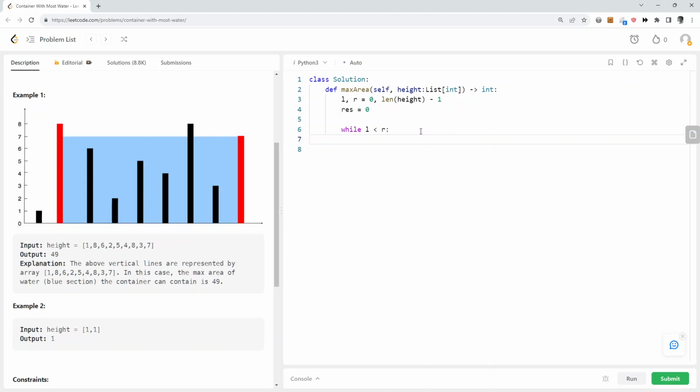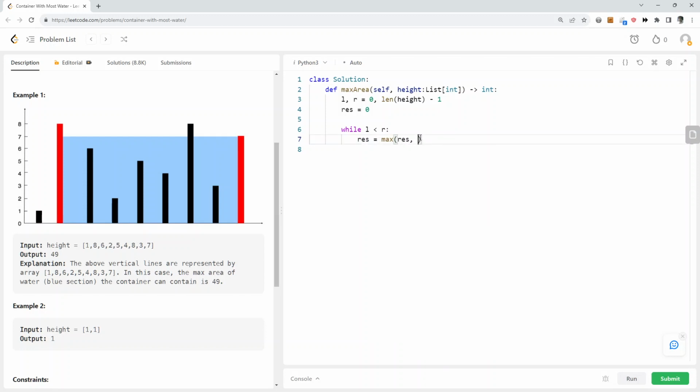And what is the rest? Result should be the maximum of what it already is. This is a very common design practice whenever we have a global variable and a local variable. The local variable we can either calculate as a separate variable or just put the formula here, but we have to be sure that we give the global variable a chance to update.